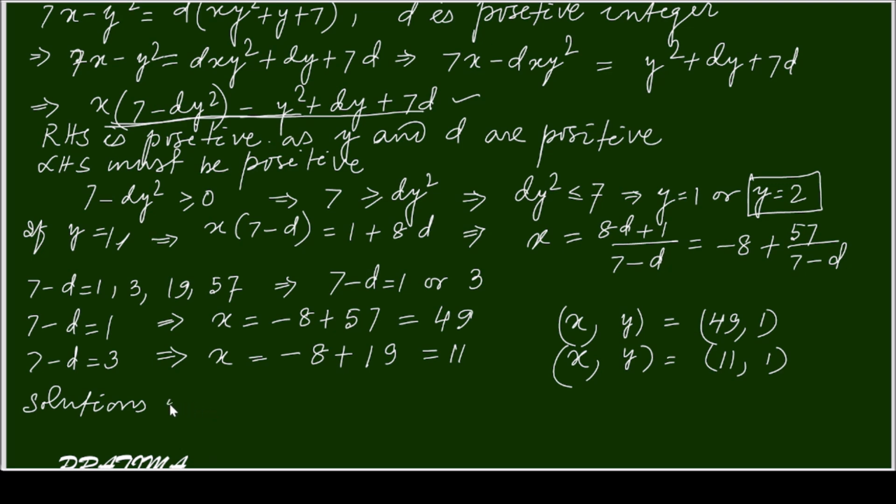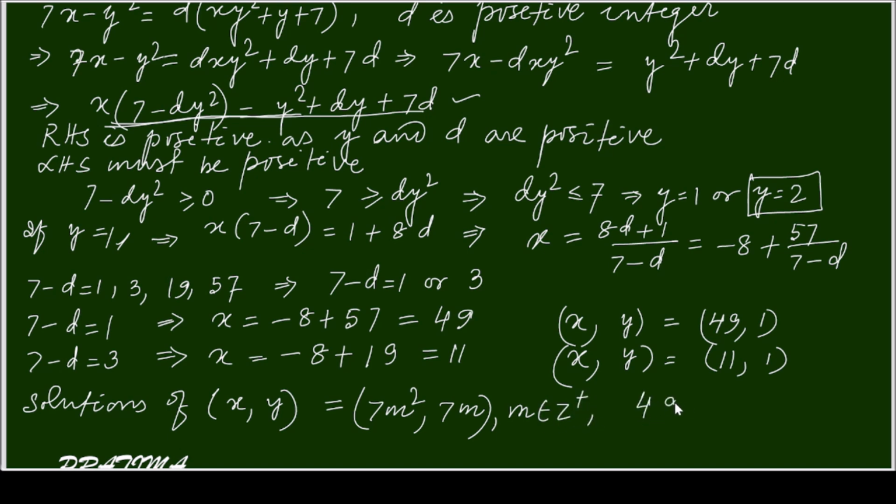The solutions of this question are 7m square, 7m, where m is a positive integer, then 49, 1 and 11, 1.